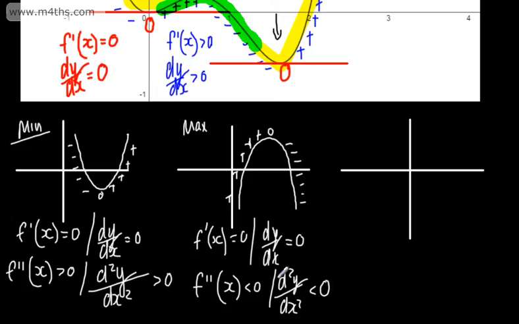Let's just talk about this second derivative. The second derivative tells us if the first derivative is increasing or decreasing. Shortly I'll show you a graphical representation of this, but if that seems a bit strange, it's the rate of change of the rate of change. So it's saying how is the gradient changing?